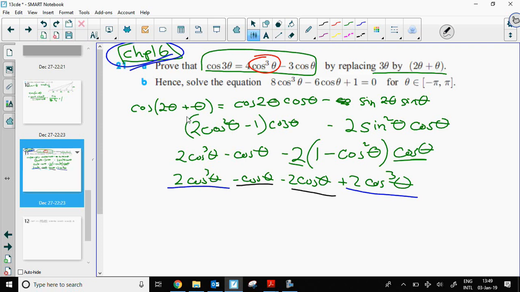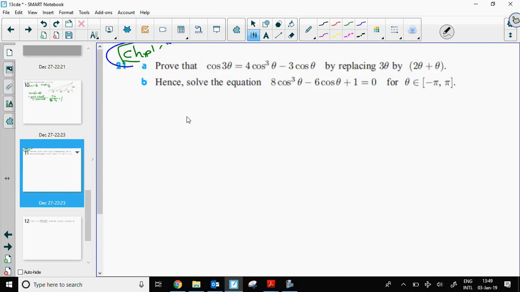And then, oh, we didn't even answer the good part of the question. Hence, solve this equation. Well, let's do that, shall we? So we've just shown that this identity is true, and we're now going to use that identity to solve this equation, right?